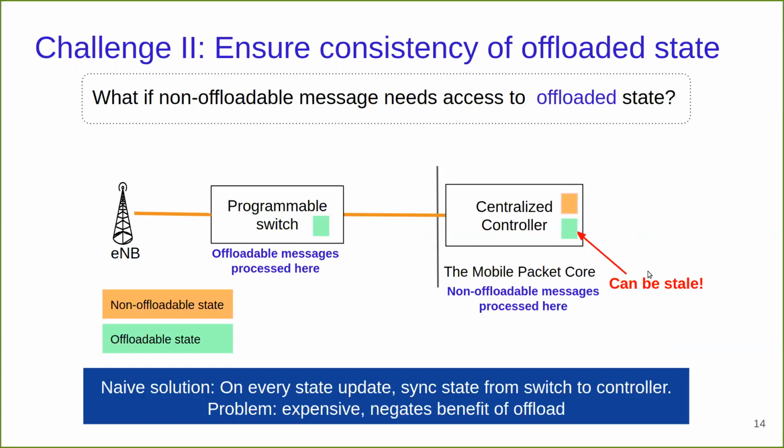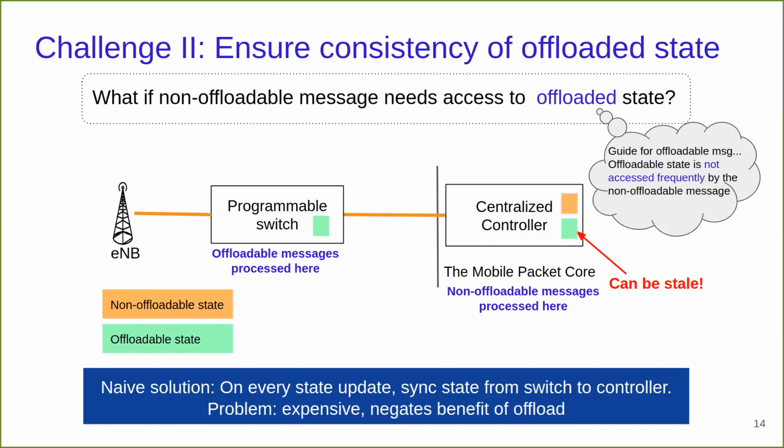So the naive solution is to sync the state from the switch to the controller. But this is expensive and negates the benefit of offload. Hence, the message offload guide mentioned the condition that the offloadable state should not be accessed frequently by non-offloadable messages. TurboEPC's solution is to synchronize the state on demand.